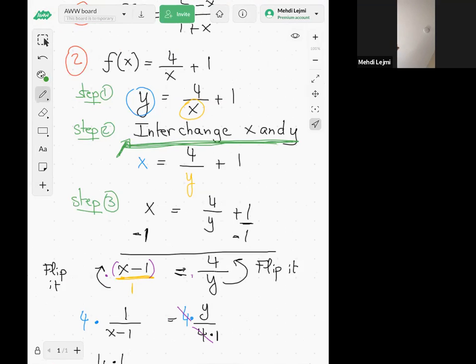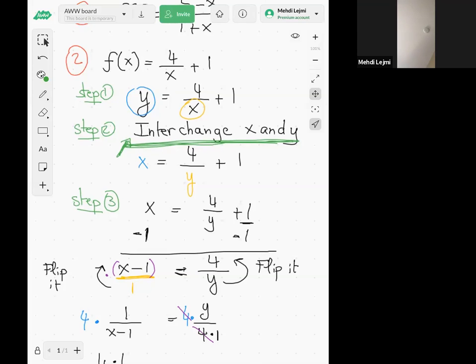Now, if you interchange x and y and want to check if y is a function, you have to apply the same rule: for each input, there's exactly one output.